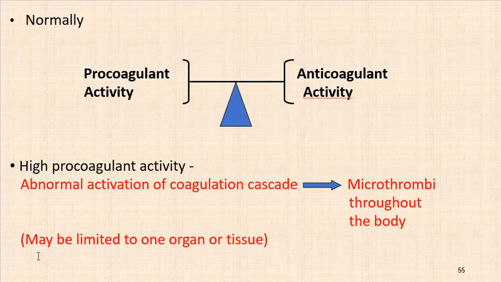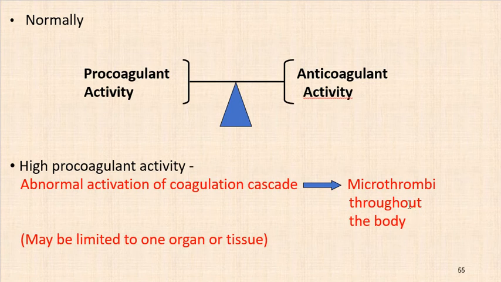Well, consider a situation when there is abnormal activation of the coagulation cascade. During some diseases, there is abnormal heightened activation of the coagulation cascade, and what will happen? It will lead to formation of microthrombi within small vessels throughout the body.